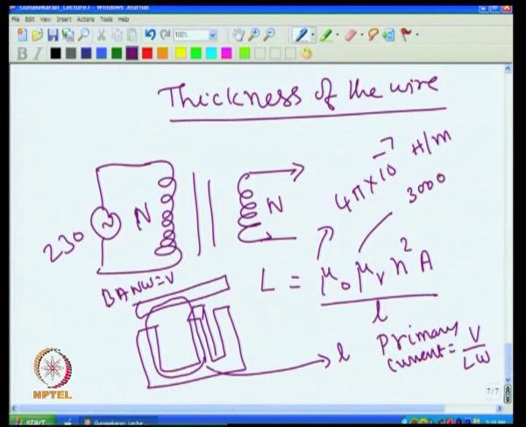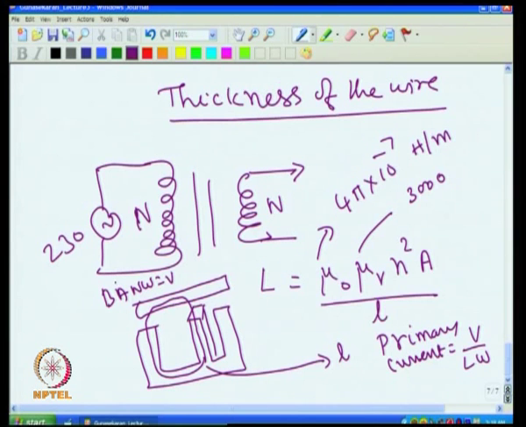Now, you may be wondering why only that much current is flowing. If I connect an inductor of a few Henry in a normal transformer on 230 volt AC, only a few milliampere of current is going through this. This is happening because of self induction.